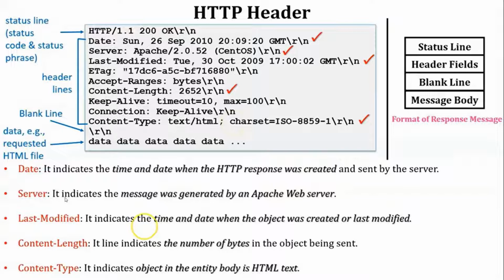The next is content type. It indicates which type of content is present in the message body. Here the message body consists of HTML text.